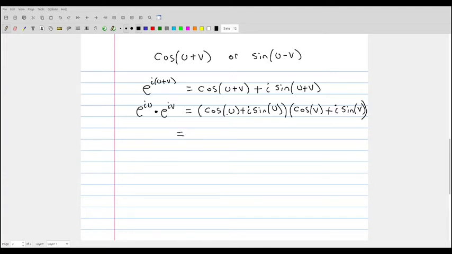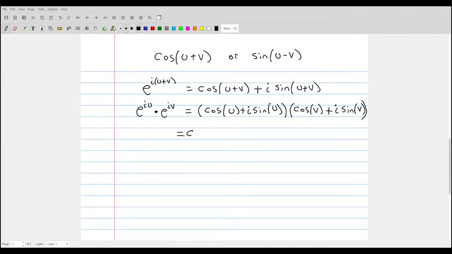So we have the multiplication of two sums, which we know directly how to do for complex numbers. We just do this by using foiling to multiply this out. So you have to do this times this, this times this, this times this, and this times this.